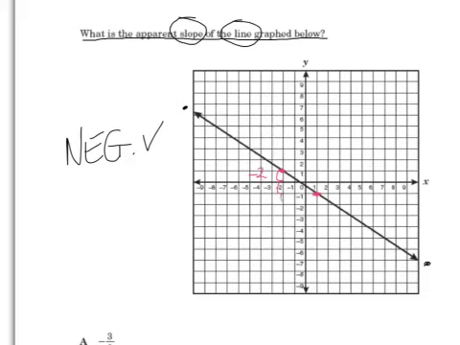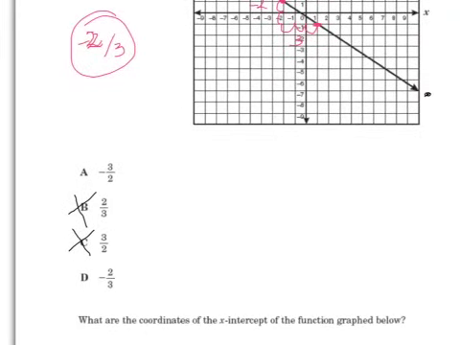And how far over we have to go. In this case, 3. So if you say -2 over 3, down 2 over 3, you can write it the same way. Down 2 or -2 over 3. And that's your slope, -2/3. Let's go and make sure that's an answer choice. And it is. So our final answer is D, -2/3.